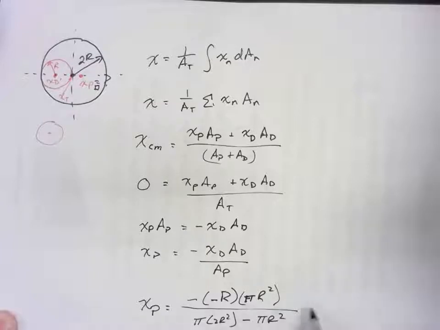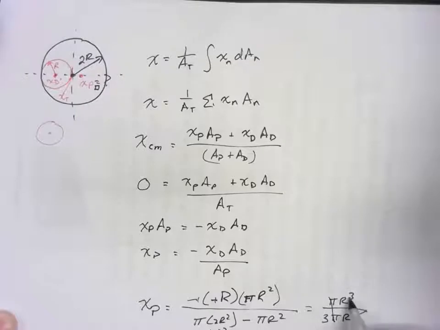So if we work this out, we get these two cancel. We have pi r cubed on top. Here we have 4. So I'm going to just write this out. So we have 4 pi r squared minus 1 pi r squared. So that gives us 3 pi r squared.